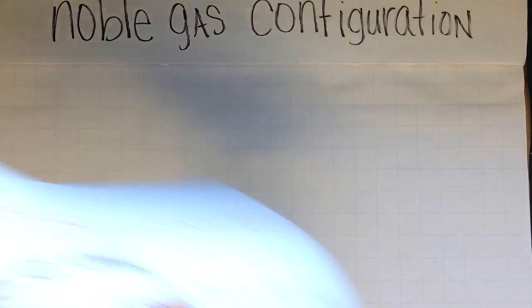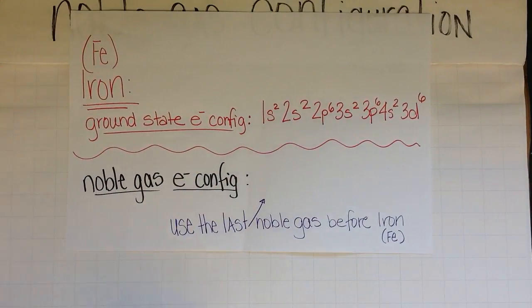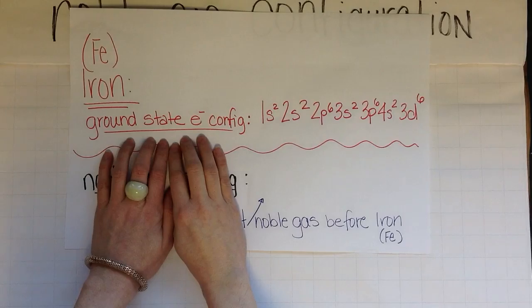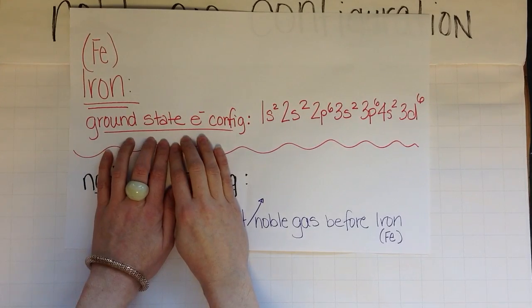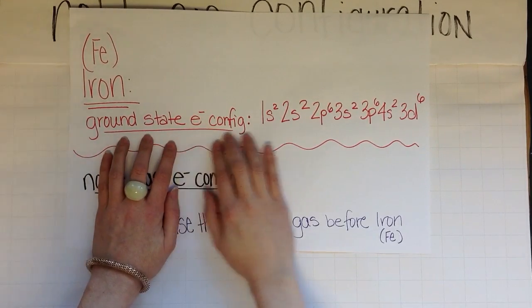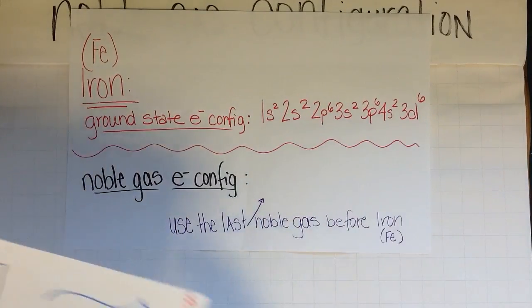Here is iron. All right, so remember, the normal, full electron configuration, known as the ground state electron configuration, is seen here. And let's just see how we got that.